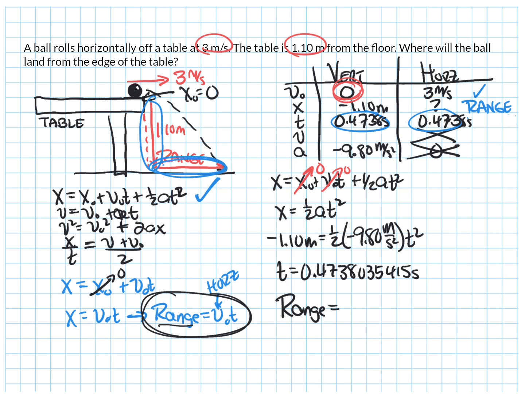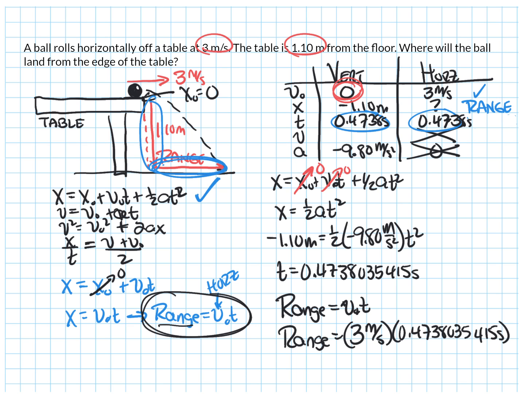So let's see. The range is equal to v naught horizontally times time. So the range is equal to the initial velocity horizontally. That's going to be 3 meters per second, not 0 because that's vertical, times the time with all those decimals, 0.4738035415 seconds.